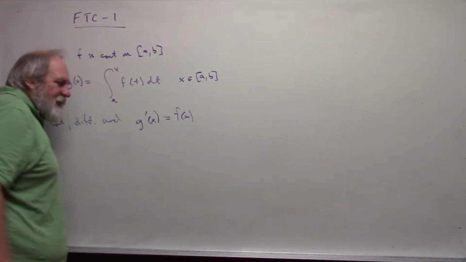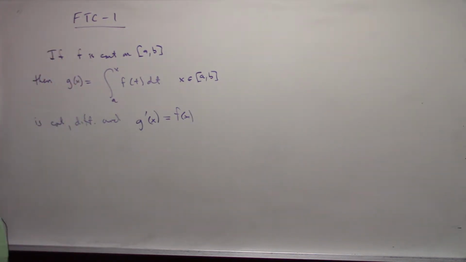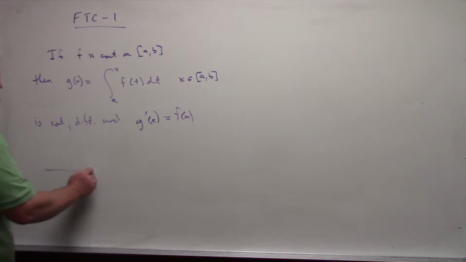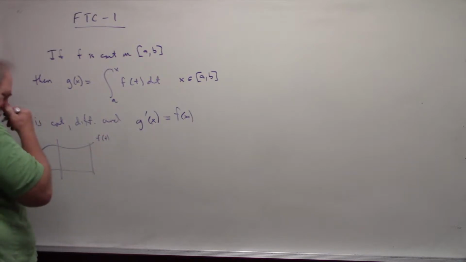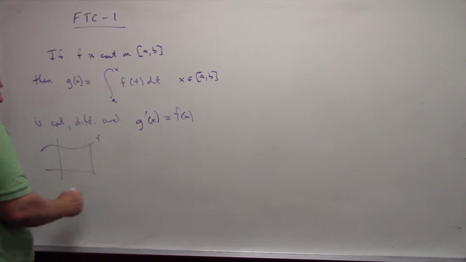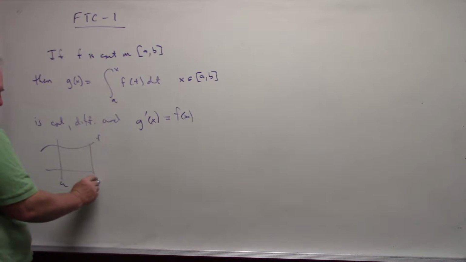This is sometimes called the area function. If my function f is non-negative, then this actually represents the area. This is f of t, and this is a to b.